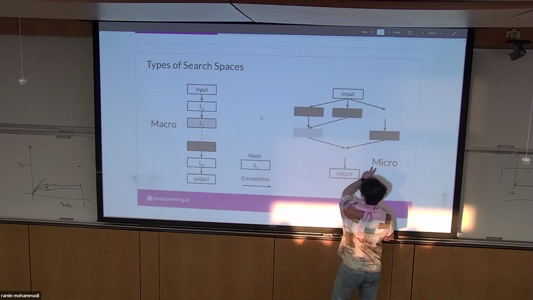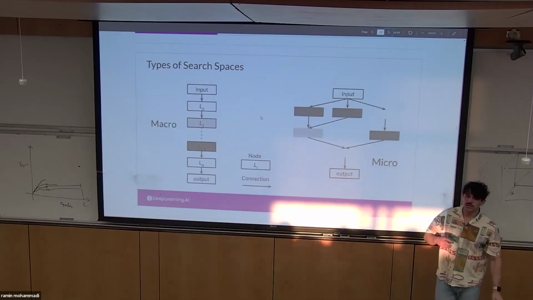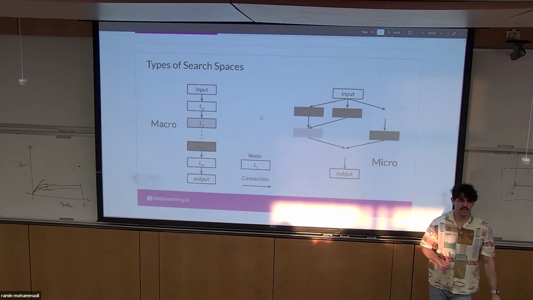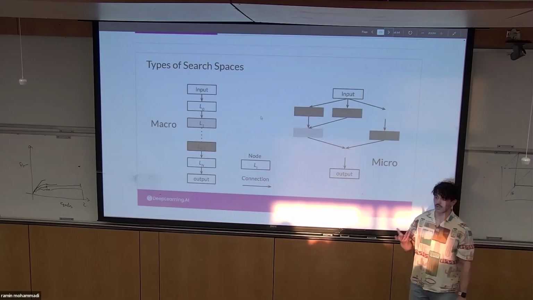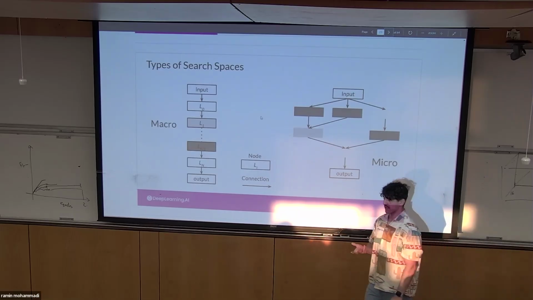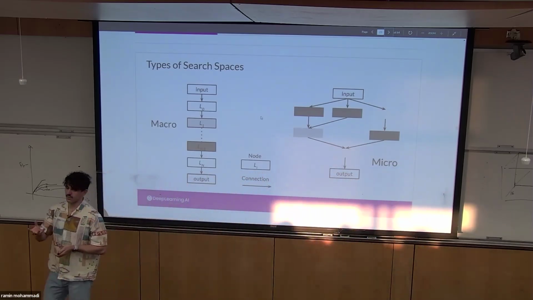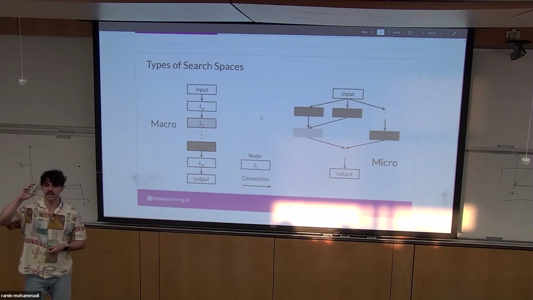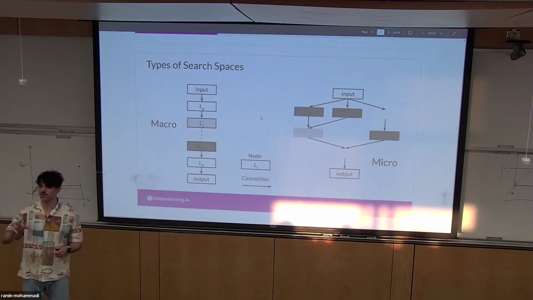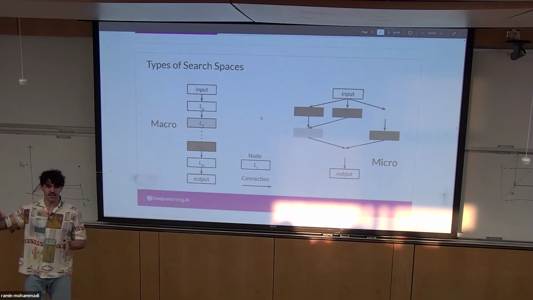Then micro, on the other end: you don't provide layers to the algorithm, you actually provide neural networks to the algorithm. What does that mean? Let's say there are certain neural networks that you know are doing good classification or good feature extraction and so on. You have worked with those.